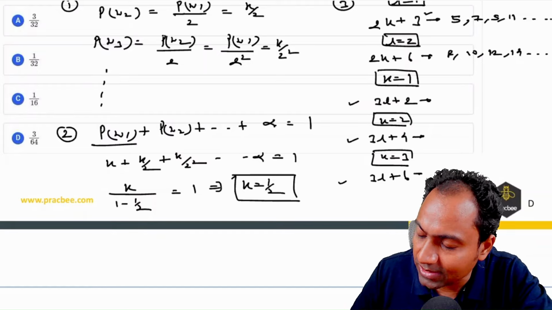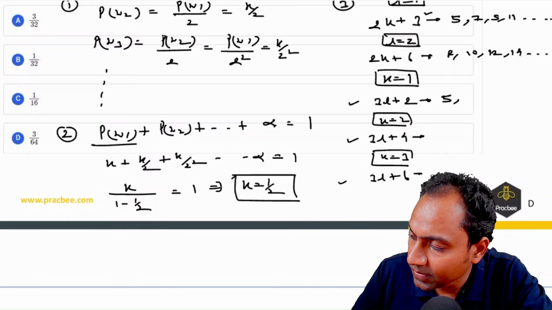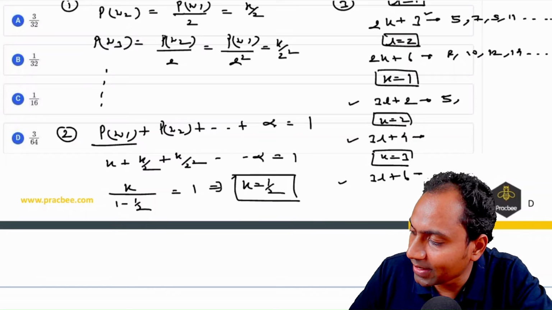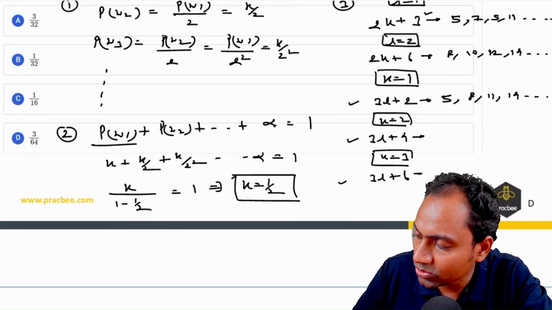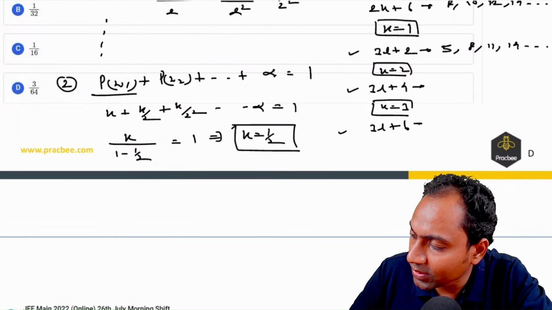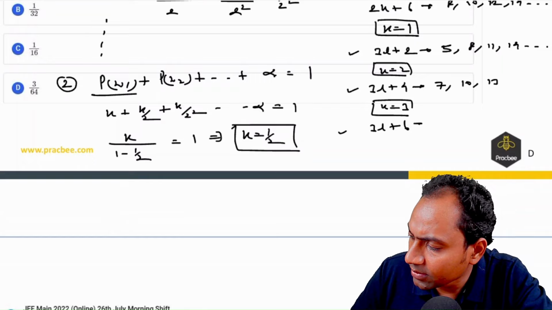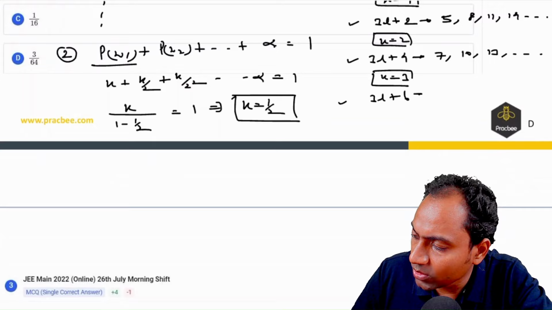So let us write these numbers. If I put L equal to 1 here, what I am getting is 5. And then you can keep on adding 3. This becomes 8, then 11, then 14, and so on. From here also, if I start putting L equal to 1, this becomes 7. Then you keep on adding 3, 13, and so on. And then if you put L equal to 1 again, this becomes 9.